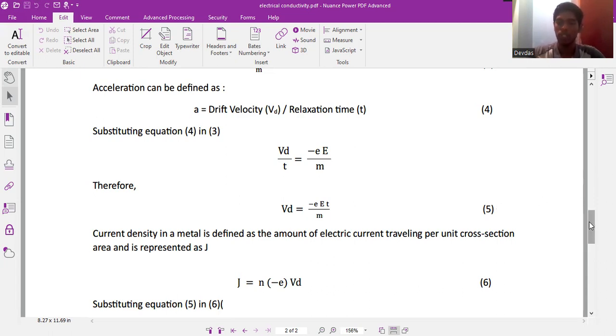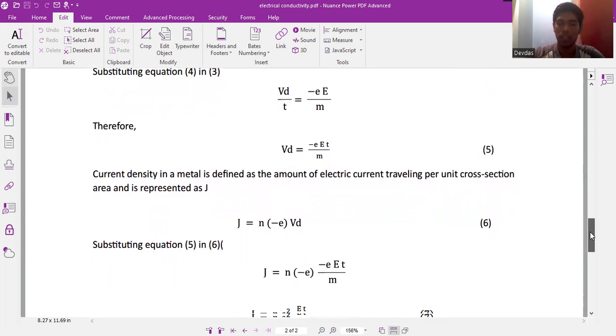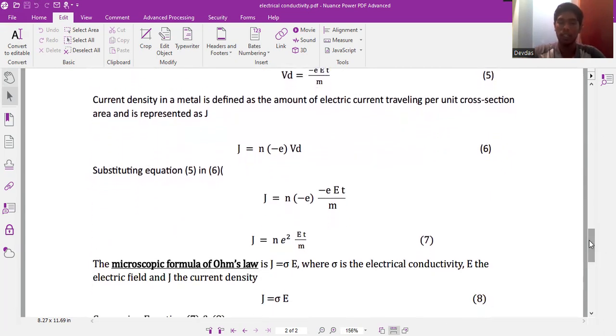Substituting this in equation 5, we get J equal to n e square E t by m. So this is the equation we get.